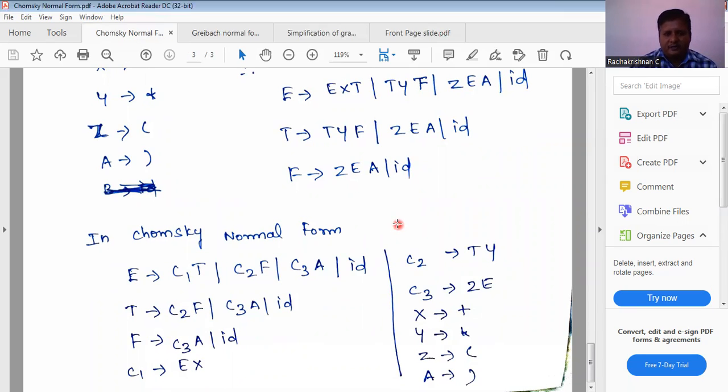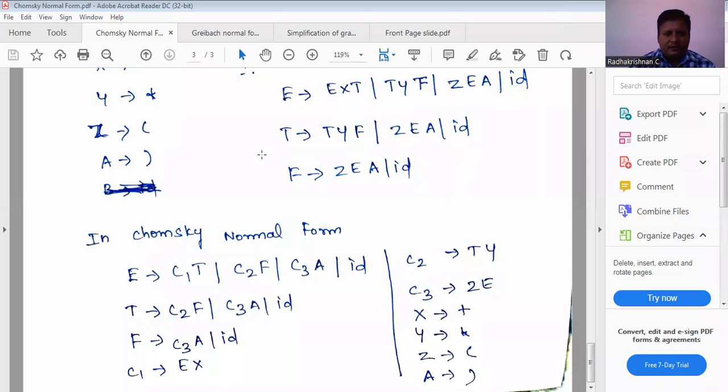So this is the way we convert the given grammar into CNF. One main key point in CNF is that whenever you add a rule, the newly added non-terminal must not already exist in the given grammar.